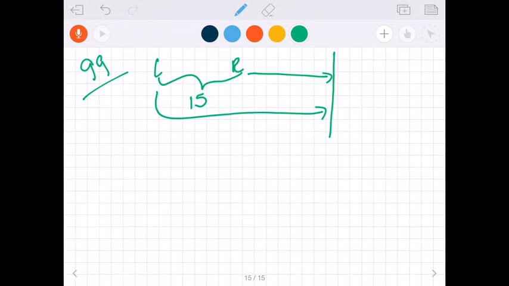All right, so first thing we're going to write is that distance equals rate times time.